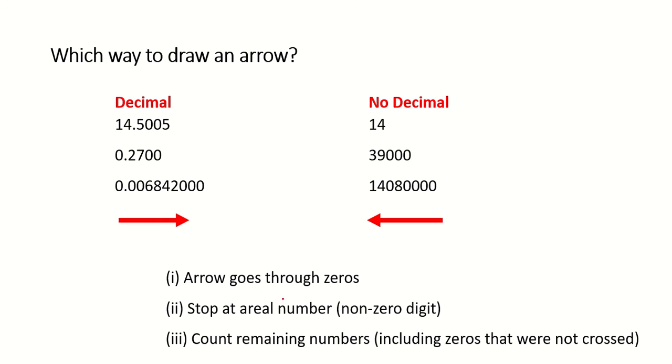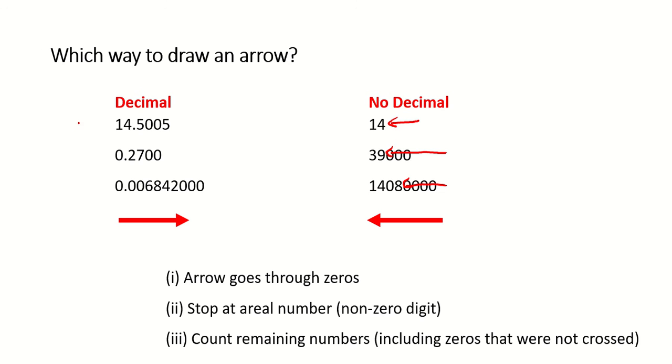Alright, let's practice deciding which way you are going to draw your arrow. When you see the decimal, you draw it from left to right, and when you don't see the decimal point, as in all these numbers, you draw the arrow from right to left.